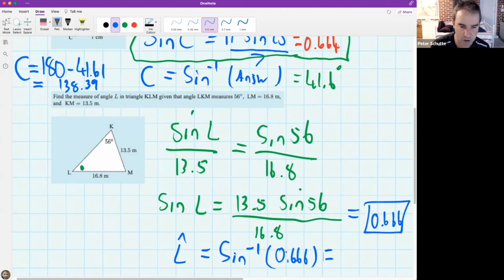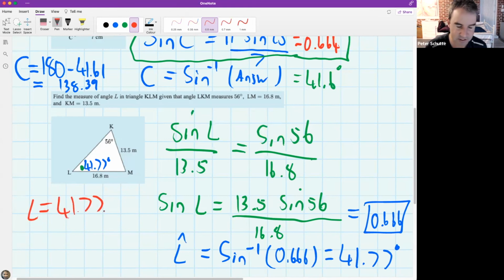Normally we do it in one step. So I'm going to go shift sine, I hit the answer key on my calculator, and you should get 41.77 degrees. And that is what the angle over here is. But the little bit of new stuff I've introduced is that when you are using the sine rule to find angles, there is a possibility of a second answer.